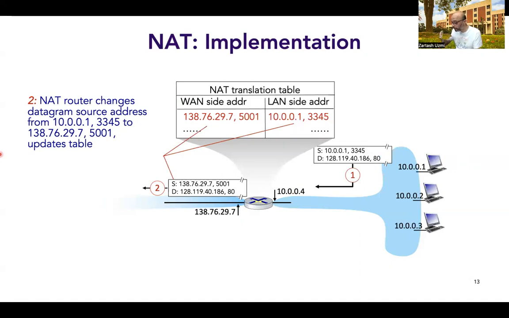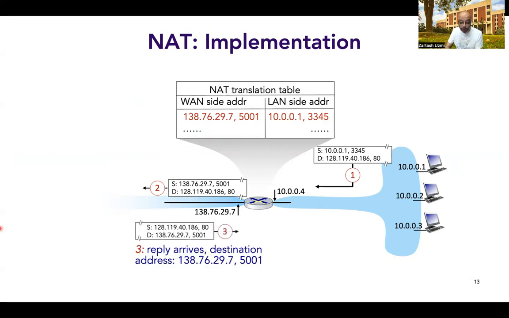And the response will not be addressed to 10.0.0.1, because nowhere in the packet does 10.0.0.1 appear; it has been replaced by 138.76.29.7. So the response will be destined for 138.76.29.7 at port 5001.